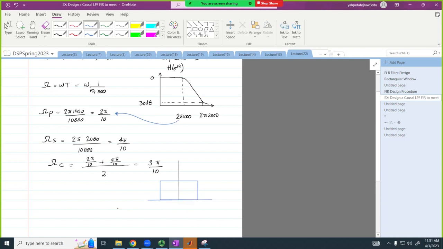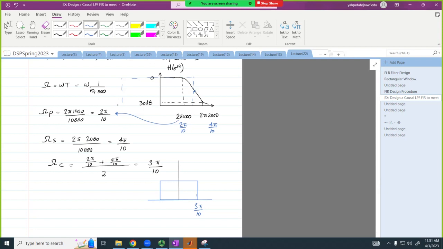Okay, my ideal filter is going to look like this. What is this frequency? 3 pi over 10. So these frequencies, when we map them, this is 2 pi over 10. This is 4 pi over 10. We took the center of them, and we said, okay, that is going to be our filter. Our ideal filter is going to look something like this. Together? Where this is coming from?